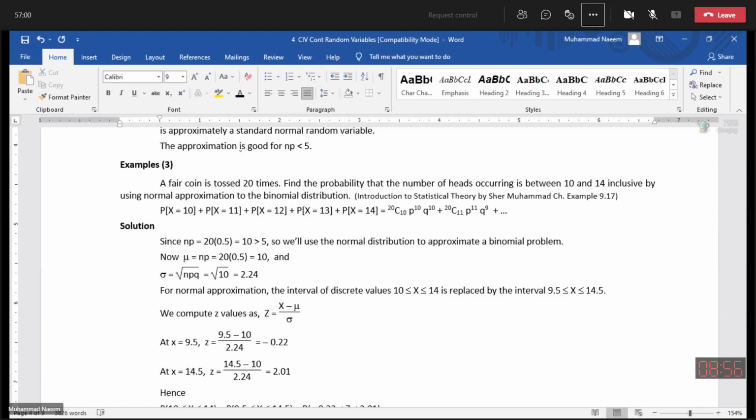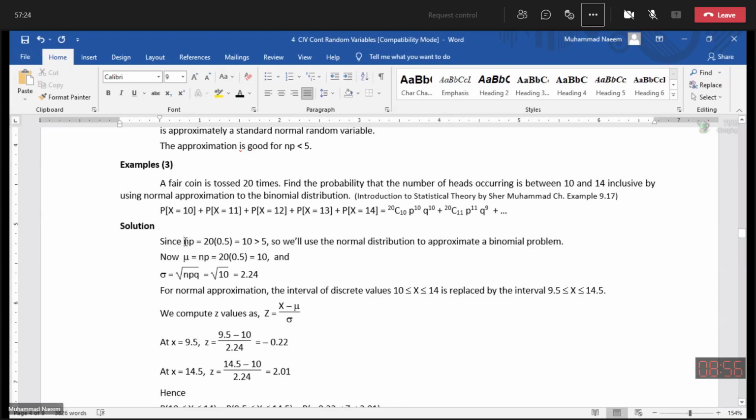This will be the procedure if we are using binomial probability distribution. But if we approximate this problem with the help of normal distribution, in normal probability distribution we need the mean value.